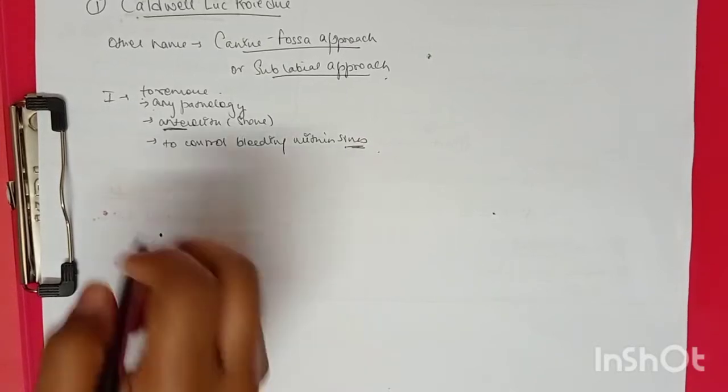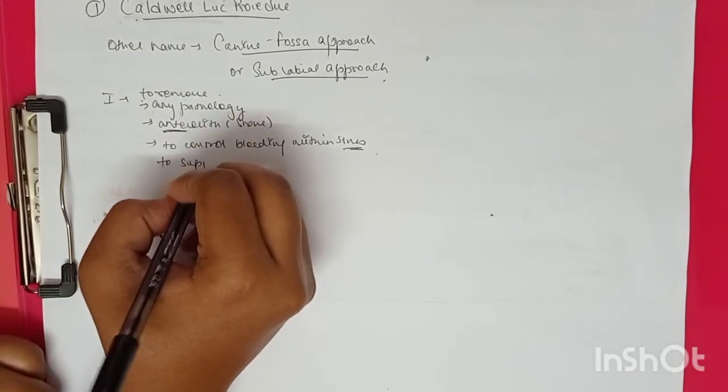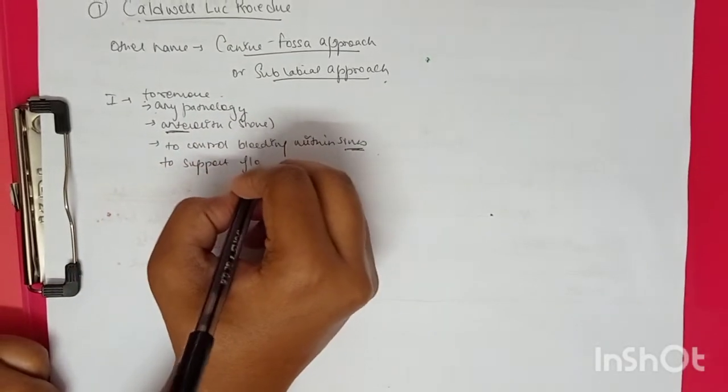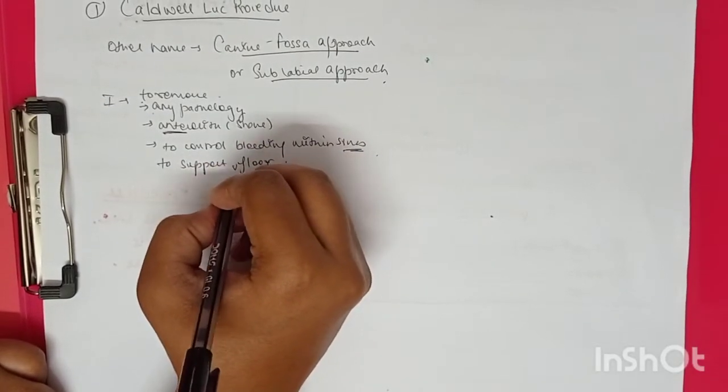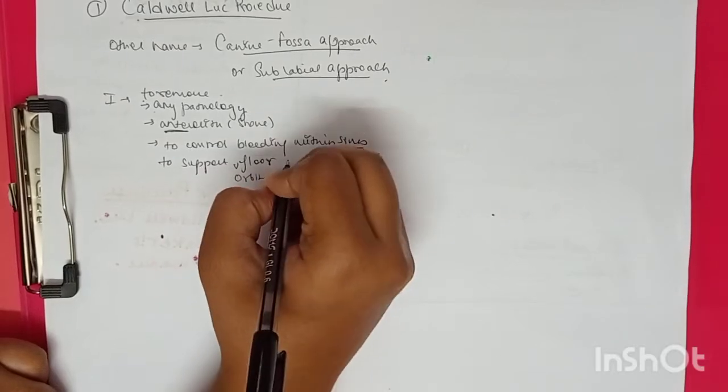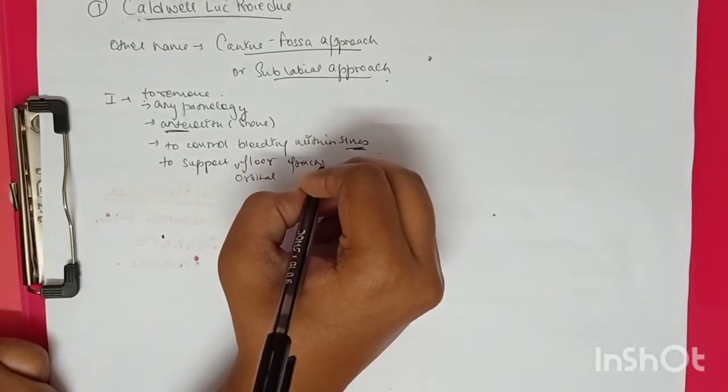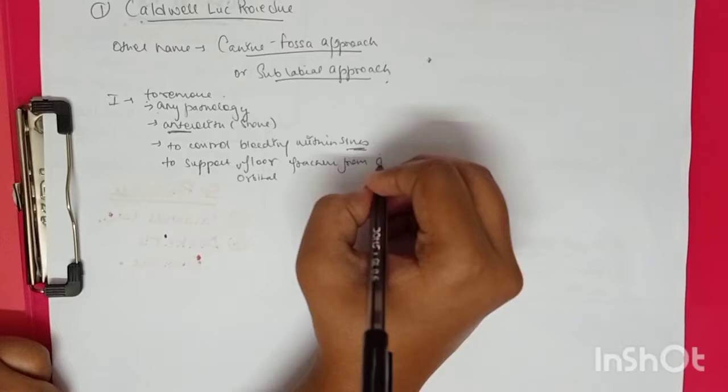And it is also done to support the orbital floor, to support the orbital floor fracture from the antral side.